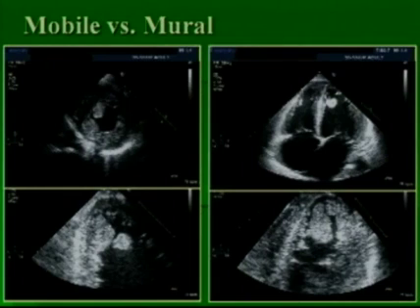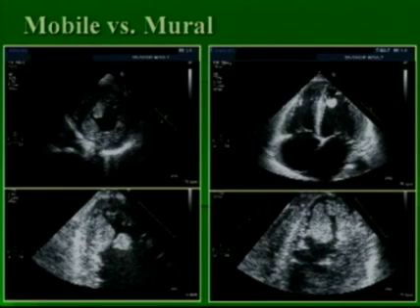Here's just some examples of mural versus pedunculated, and in this particular case, there's both in the same patient. In the upper left-hand corner, we have a short axis view here. You can see at about 10 or 11 o'clock, there's a mass that's protruding into the left ventricular cavity in the mid-axis view. Interestingly enough, it looks like this patient may have non-compaction.